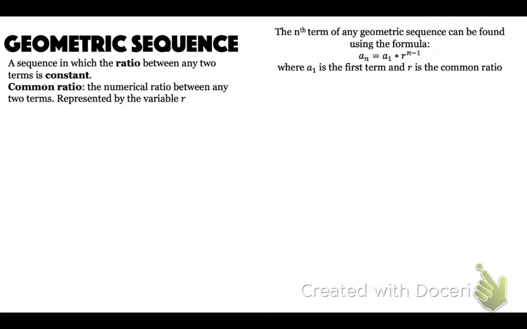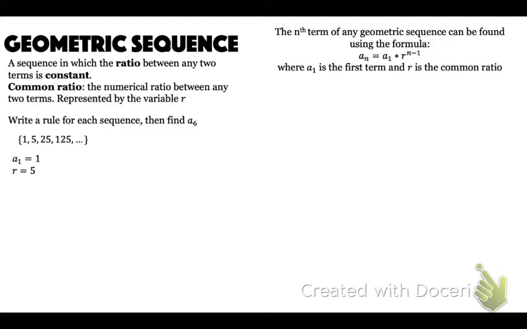Okay, so the nth term in any geometric sequence can be found using this formula: a sub n equals the first term times the ratio raised to the n minus 1 power. Let's write a rule for each of these sequences and then find the sixth term.